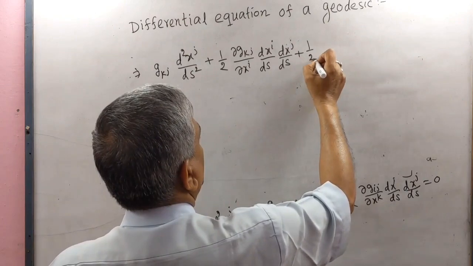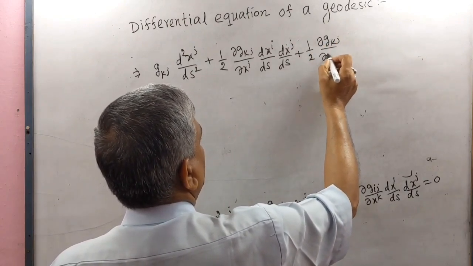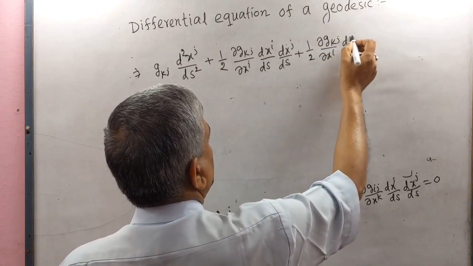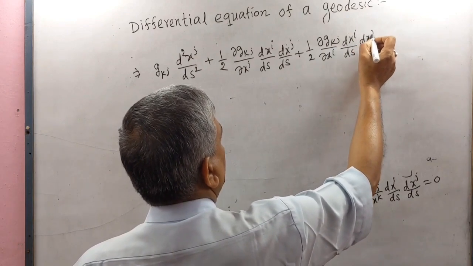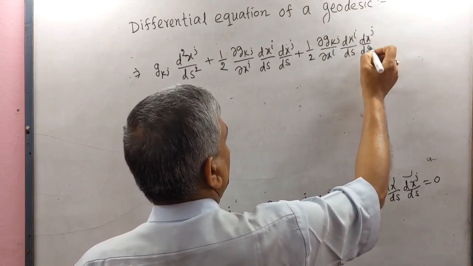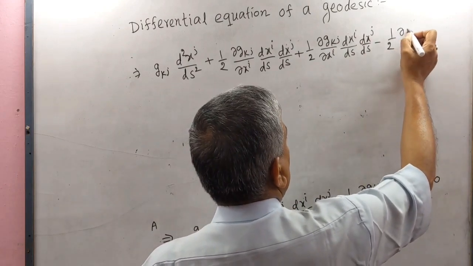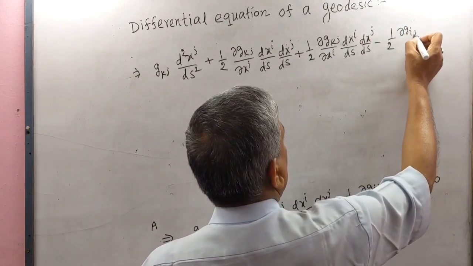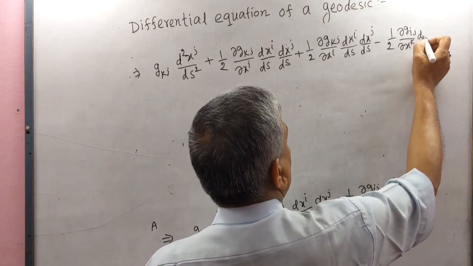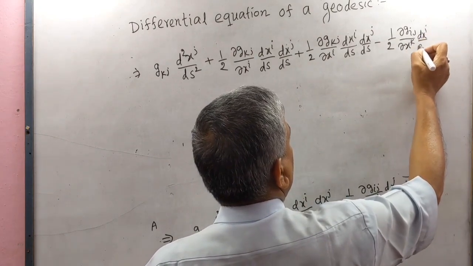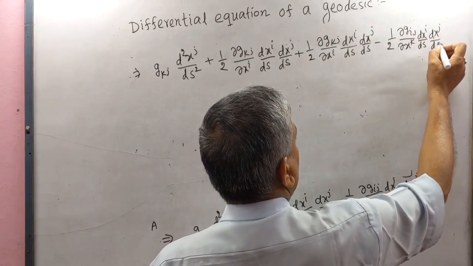Half del gkj by del xi dxi by ds dxj by ds minus half del gij by del xk dxi by ds dxj by ds equal to 0.